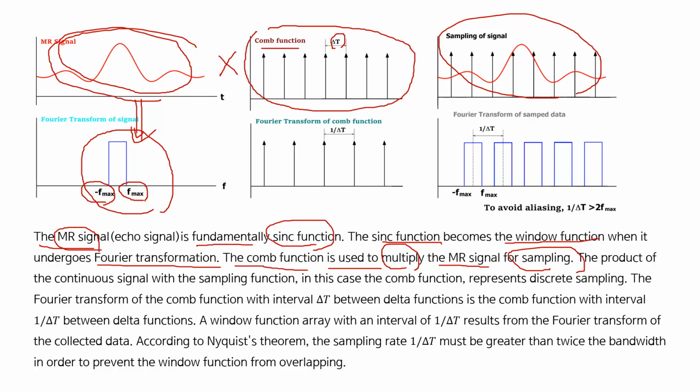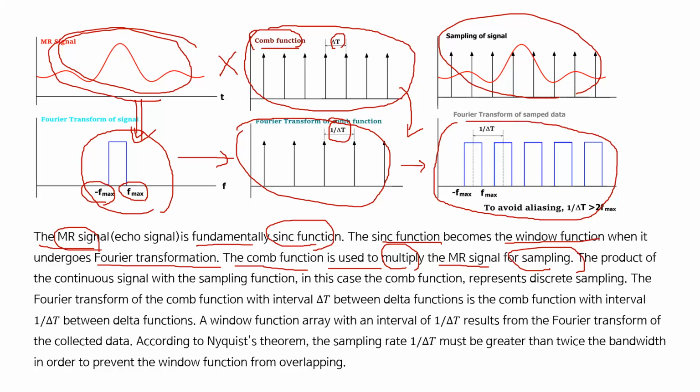And we know that if we do the Fourier transform of this comb function, we still have a comb function, but the spacing is now 1 over delta t. So combining these two results, we have this window function.